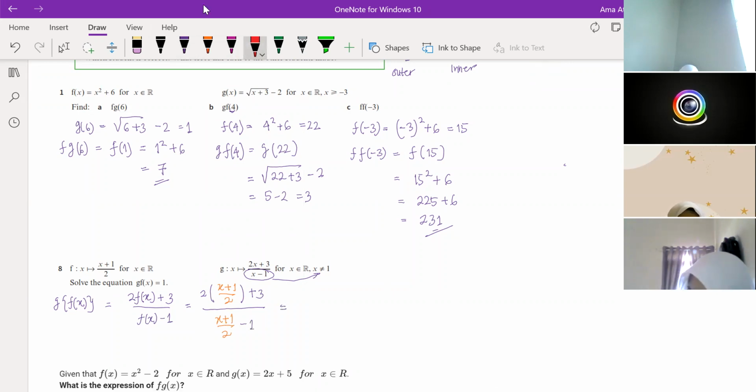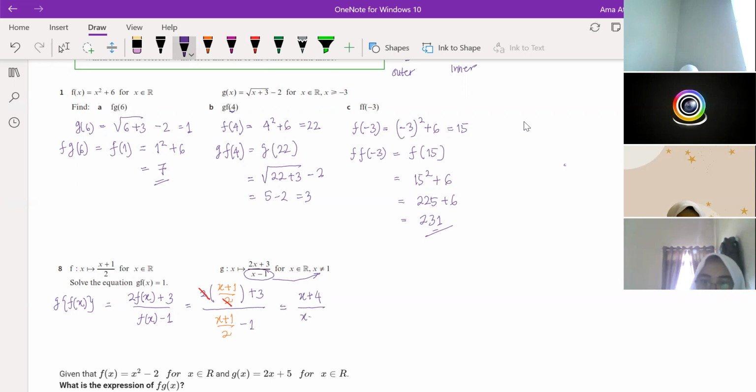So just simplify and solve. We can do cross multiplication. So x plus 1 plus 3 equals x plus 4 over, here negative 1 multiplied by 2 is negative 2, plus x plus 1.